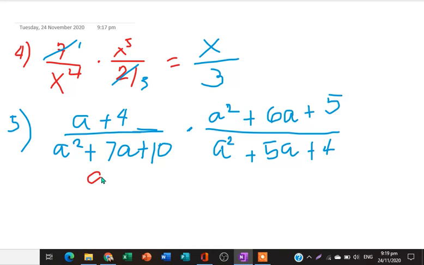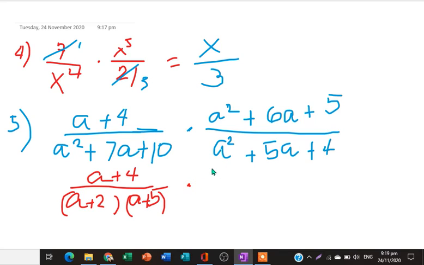Okay? So, we're going to use factoring. Since here is a plus 4, just copy. And then, you're going to factor this using trinomial factoring. Since the factors of 10, when you multiply them, and when you add them, becomes 7, we have 2 and 5.